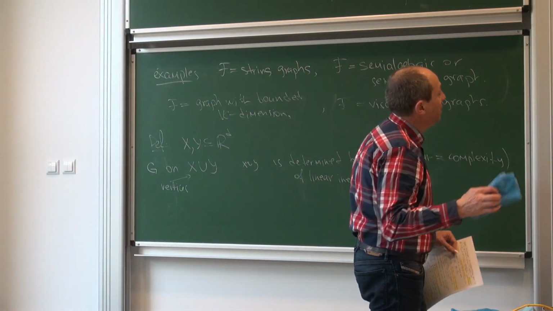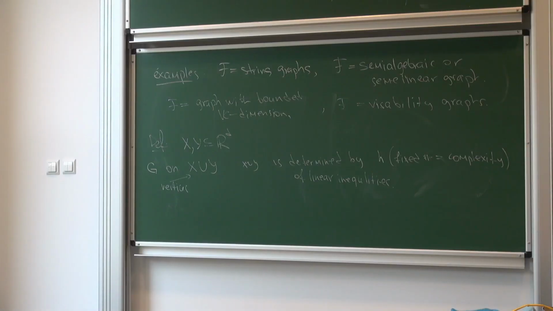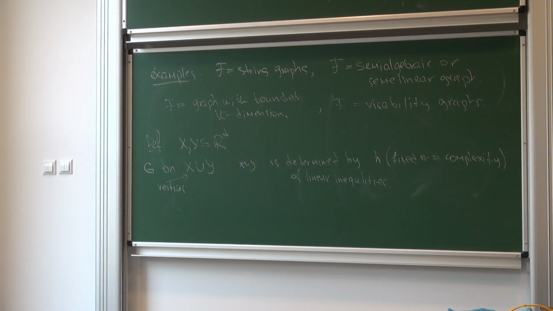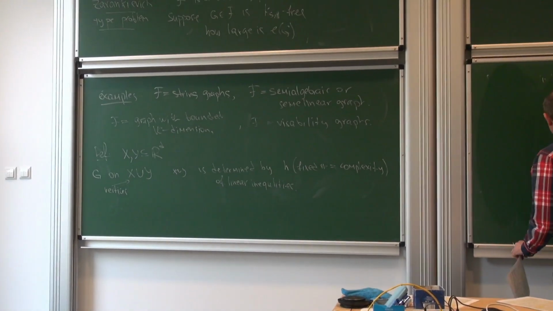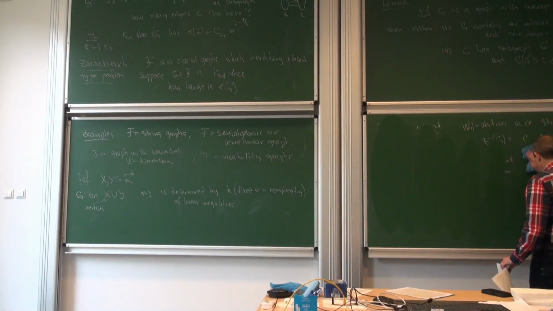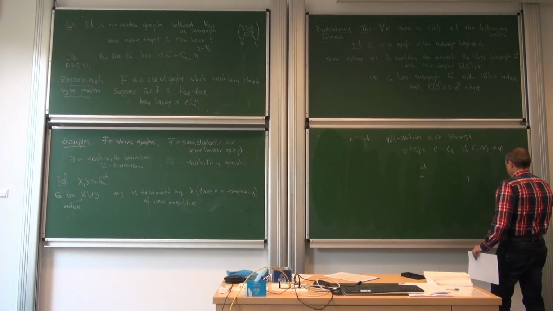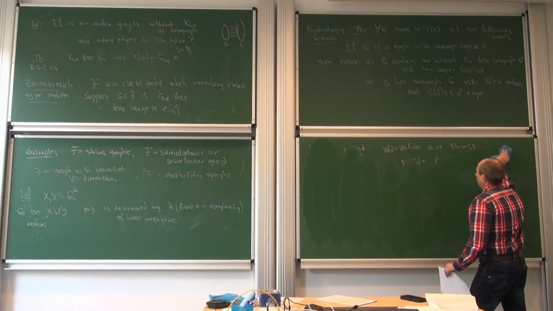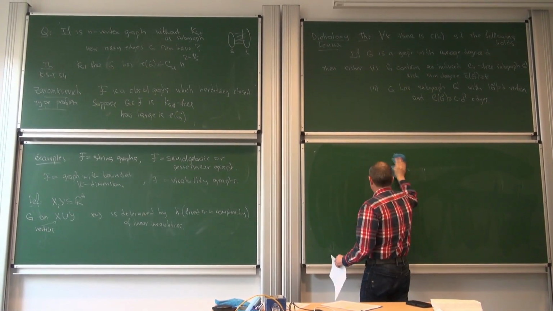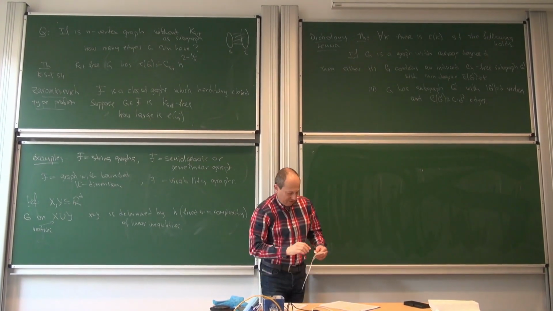So let me give you an example. Let's keep this lemma, because I need it. This would be exactly an example of such a graph. So here's an example which I want to discuss first.